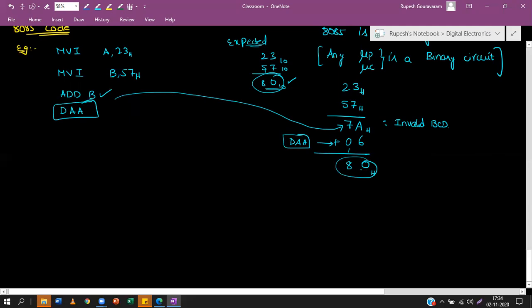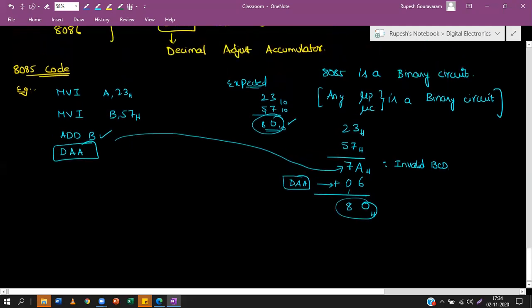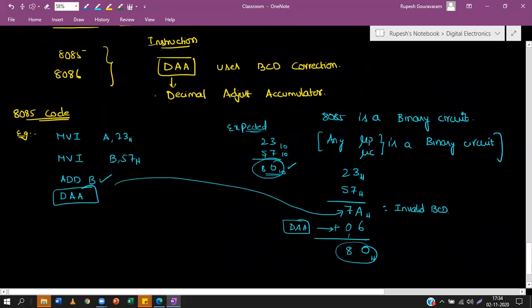So in a microprocessor, when we use this code MVI, ADD B and DAA, what it actually does is, after adding, we will get an invalid BCD value, and DAA will add plus 6, that is the correction factor, to the previous result, and thus we get a number which corresponds with the actual decimal equivalent. So that is the importance of DAA.